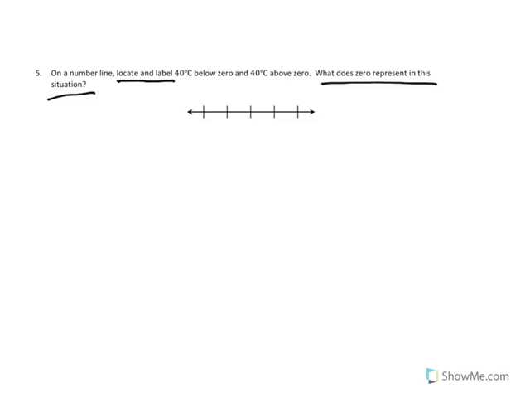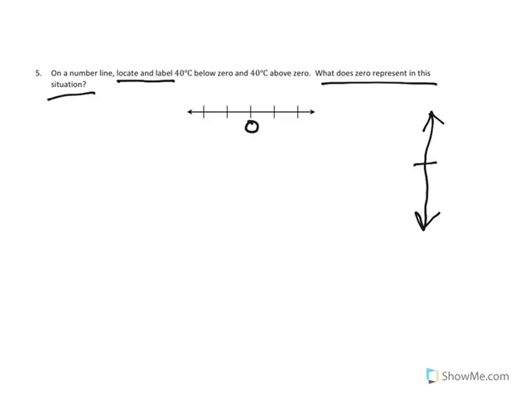When you're giving something with temperature, I've said before, it's always good to just write really quick a number line like that, a vertical number line, because that's what we're used to with temperature. And then we can just simply turn it sideways in our mind, even on paper. So we're given 5 lines, so we can put our 0 in the middle since we're trying to do a below and above.